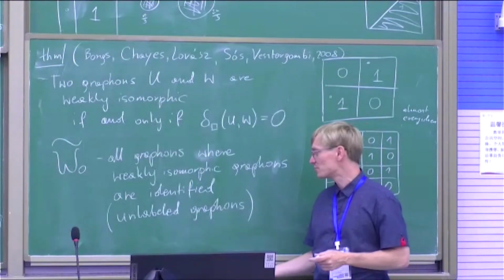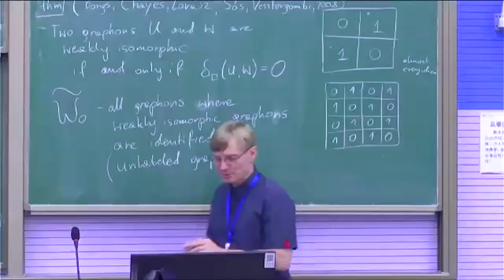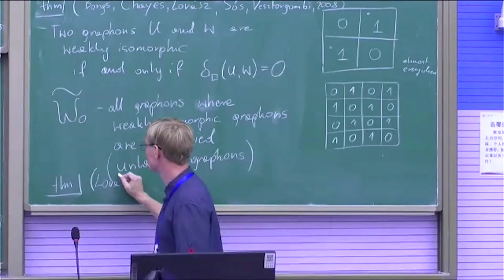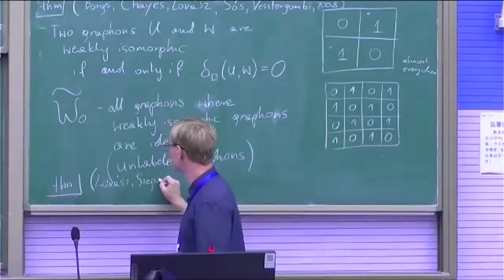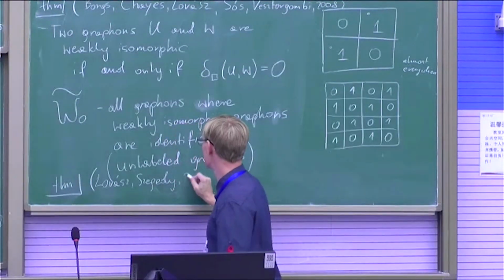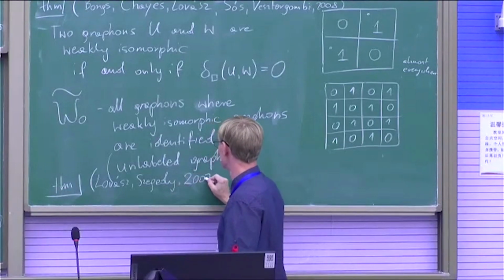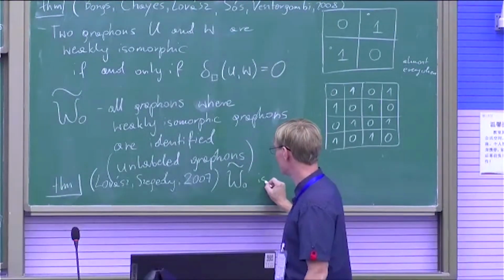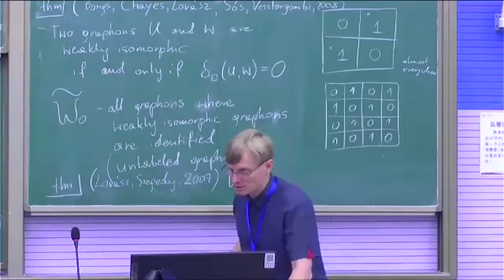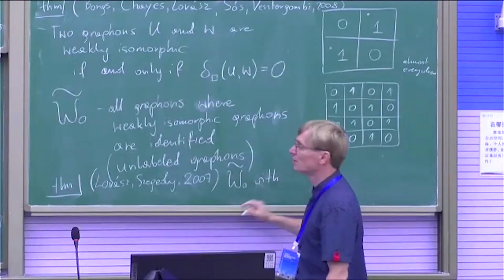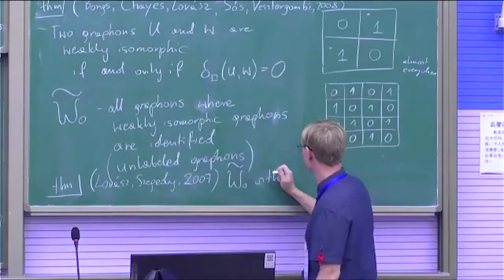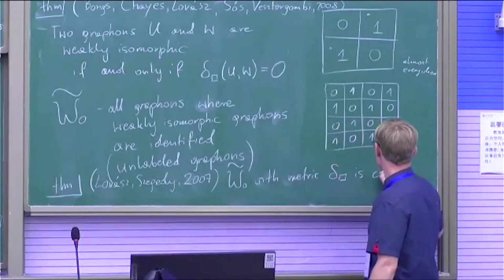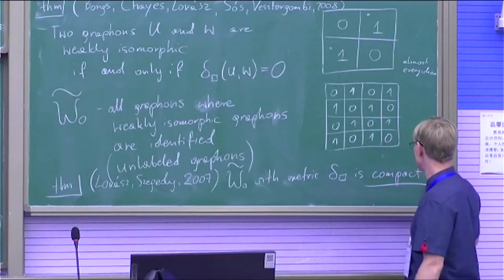I get unlabeled graphons. And the important theorem of Lovász and Szegedy from 2007 is that the space of unlabeled graphons with the metric defined by cut distance is compact.